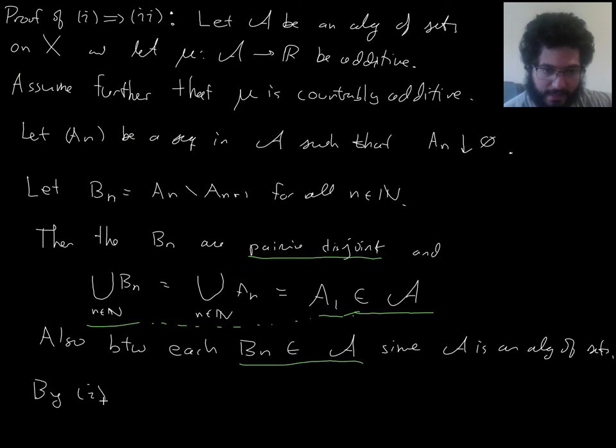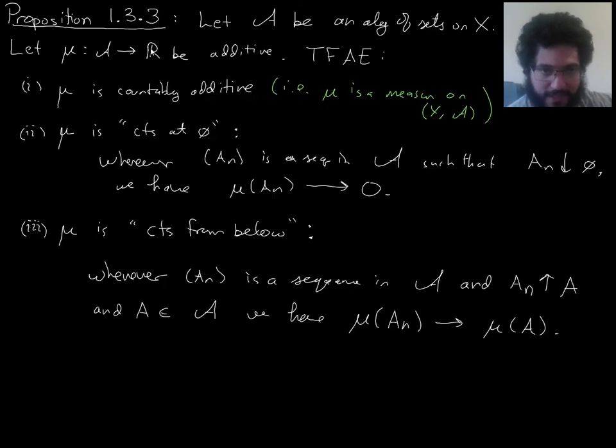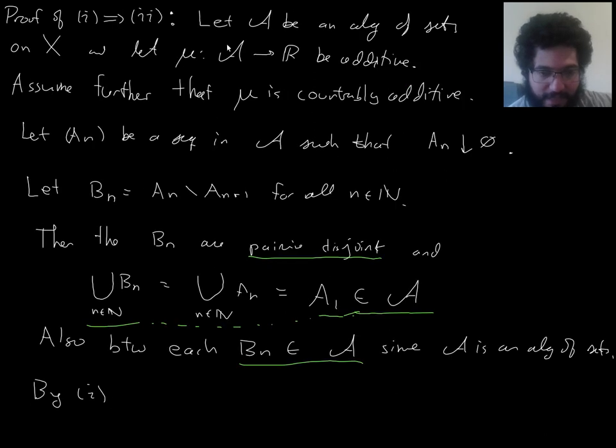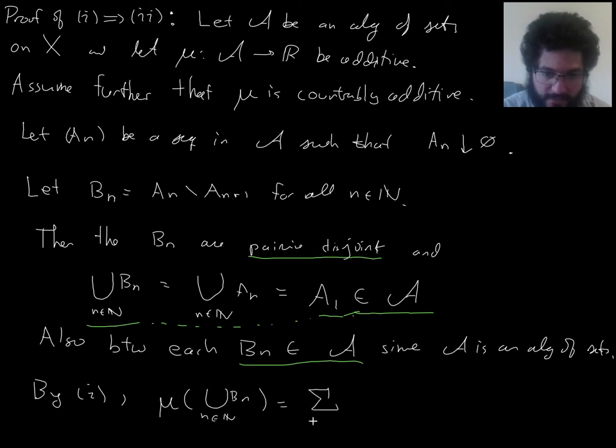So by 1, our assumption that mu is countably additive, the mu of the union of the bn's is the sum, the infinite series, of the mu of the bn's.